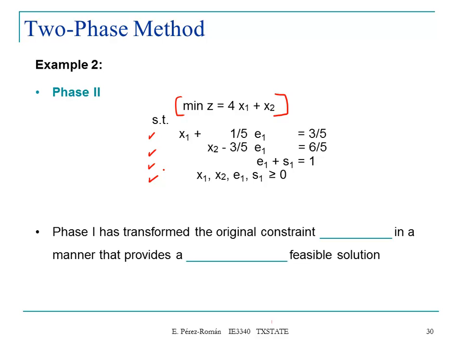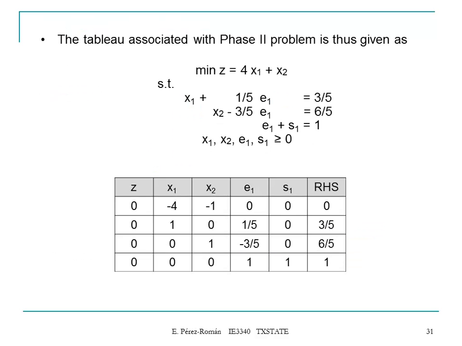Phase 1 has transformed the original constraint equations in a manner that provides a starting basic feasible solution for the problem. Okay, so the tableau associated with the phase 2 problem is thus given by this new formulation, and we can set up that tableau using those coefficients.